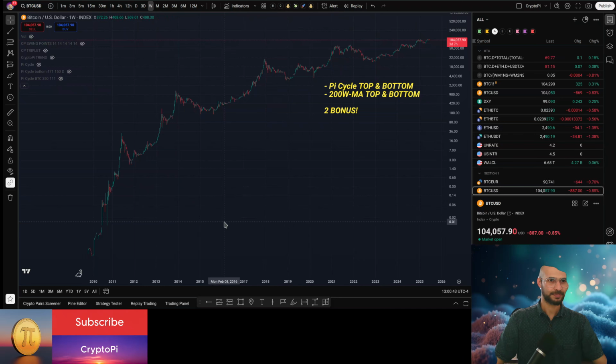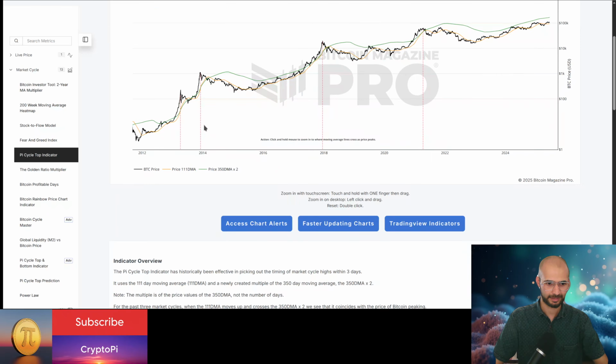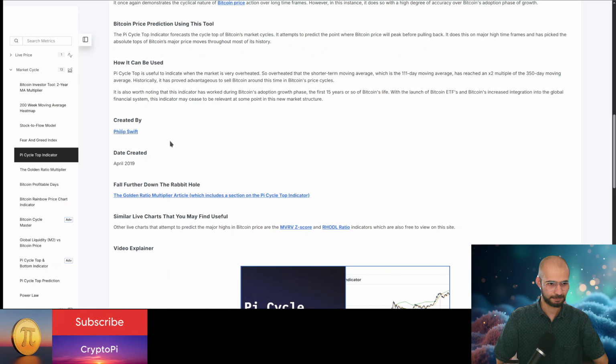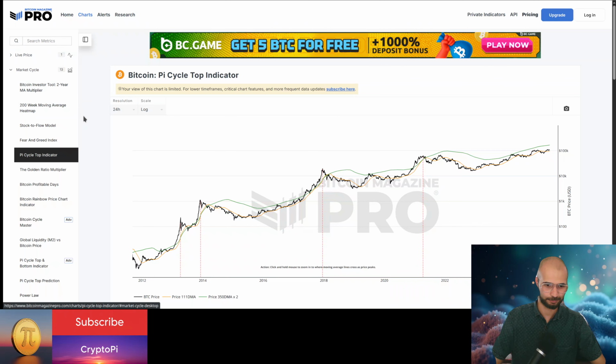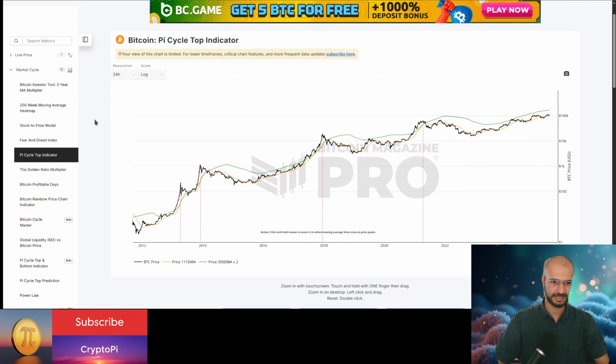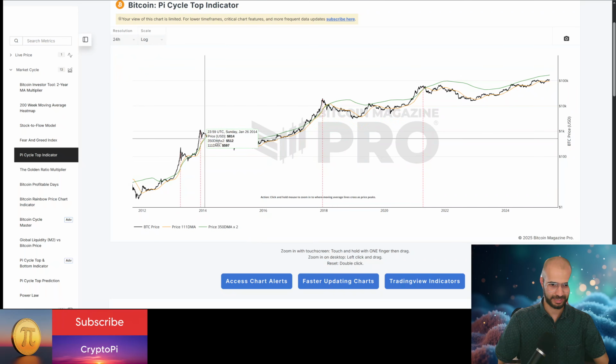Alright, let's start. The first one, which is Pi cycle, was developed by Philip Swift, and it is available on Bitcoin Magazine Pro. The idea here is that there are 2 moving averages.